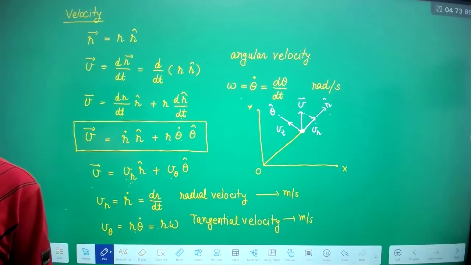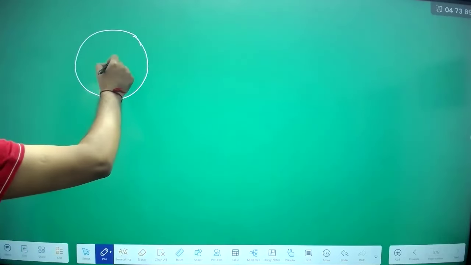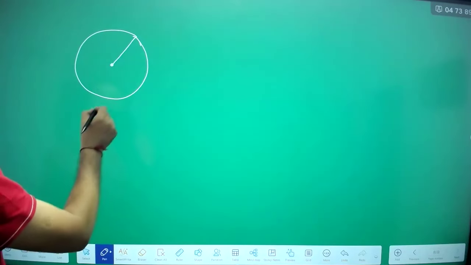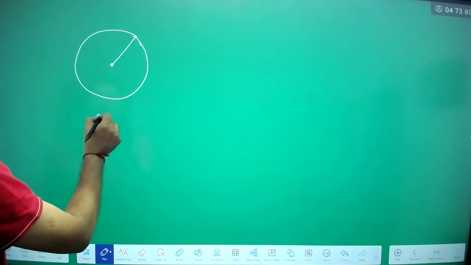Now, if you look at circular motion, in circular motion, r will always be equal to capital R. So automatically r dot will be equal to 0.